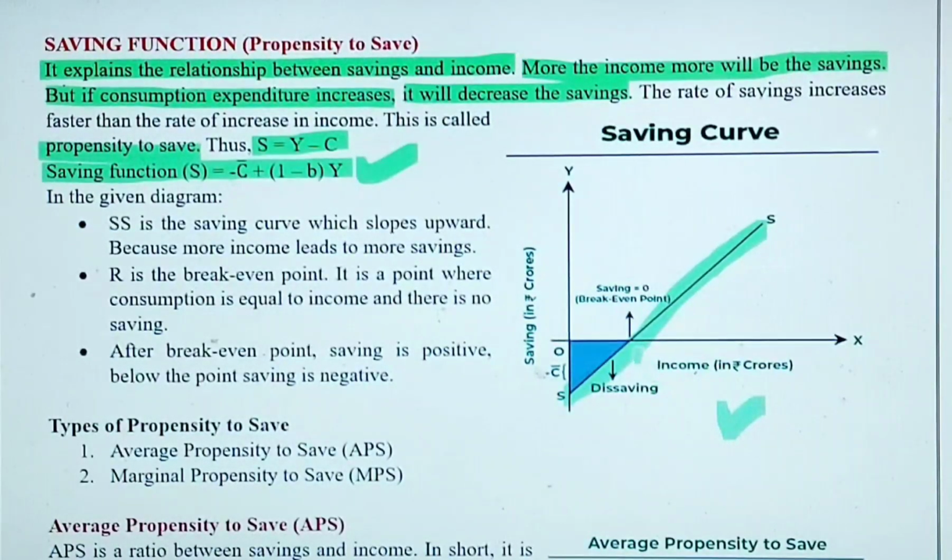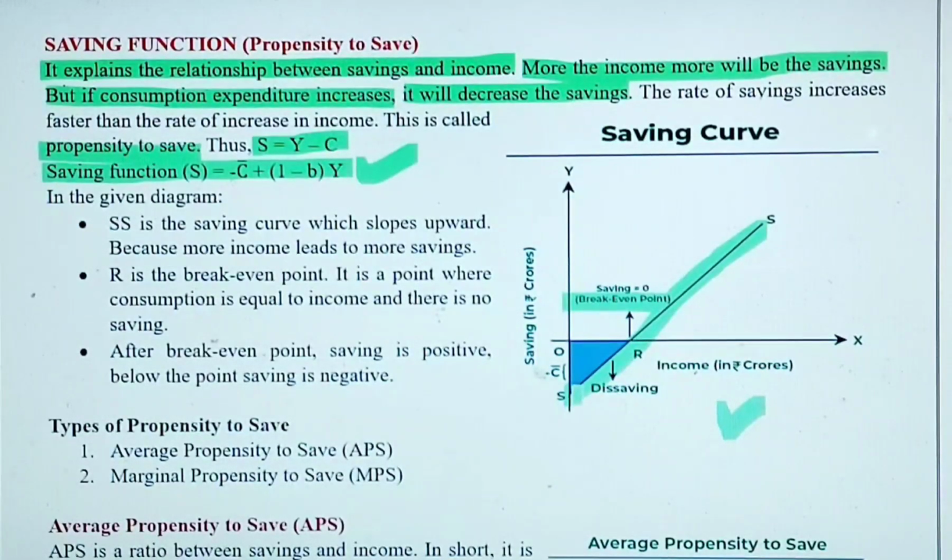On the x-axis we have income, on the y-axis we have savings. And this point R, where the SS curve intersects the x-axis, is called the break-even point, where there is no saving. The saving is 0.